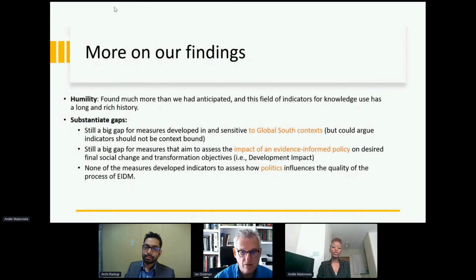And I also found it quite interesting that none of the measures that we found in the evidence base actually assessed how politics influences the quality of the process of EIDM. I mean, pointing to the presentations yesterday and how there was an emphasis on how politics actually affects the process of decision-making in most government spaces.